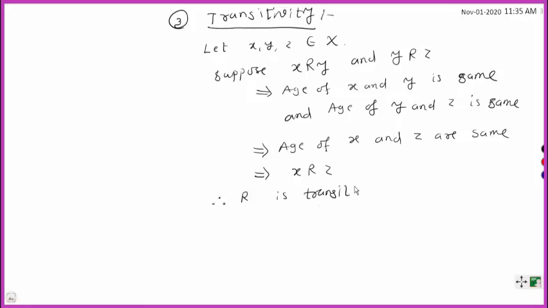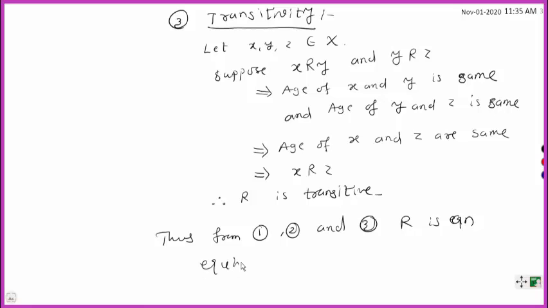Thus, from 1, 2 and 3, capital R is an equivalence relation.